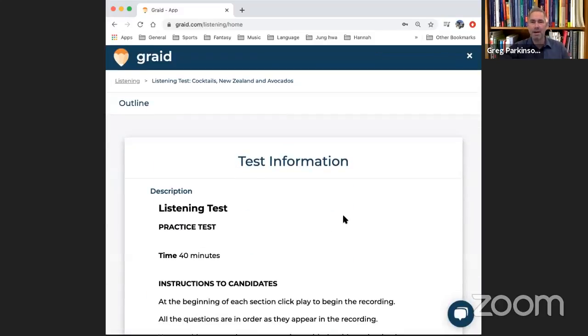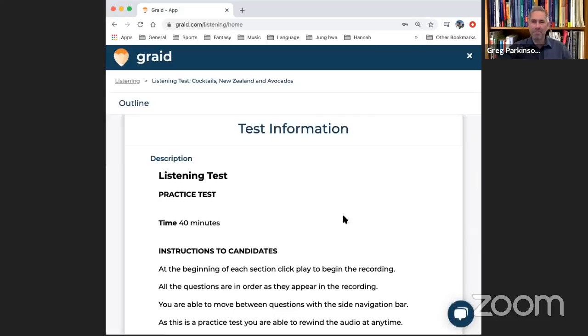Now, I just always want to make this distinction between the listening test and the reading test. When you do the listening test, usually the tracks will run for about 25 to 30 minutes. After you finish listening, you have an extra 10 minutes to transfer your answers from the question paper to the answer paper, right? So in those 10 minutes after you listen, you can check your spelling and get everything in order.